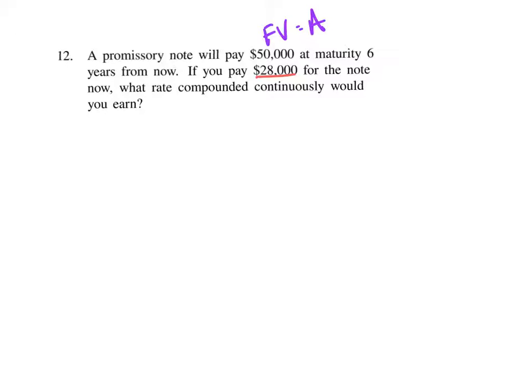what rate compounded continuously would you earn? And you're looking for R, and you know you're going to do it continuously. So the formula we're going to use is A = Pe^(rt). So plug in what we know. We know the future value is 50,000.